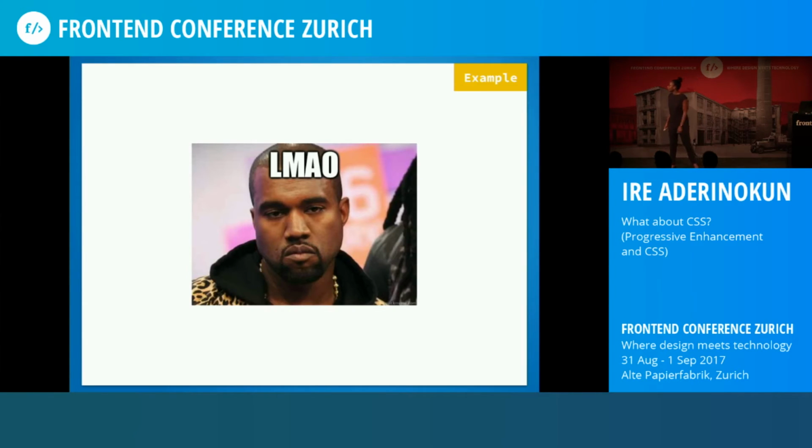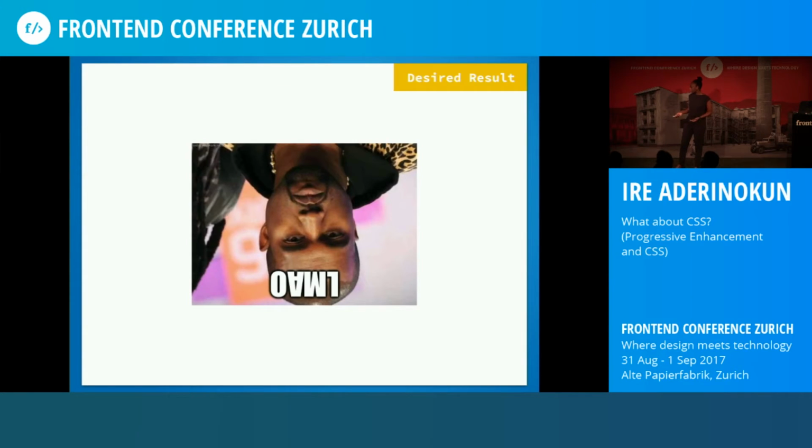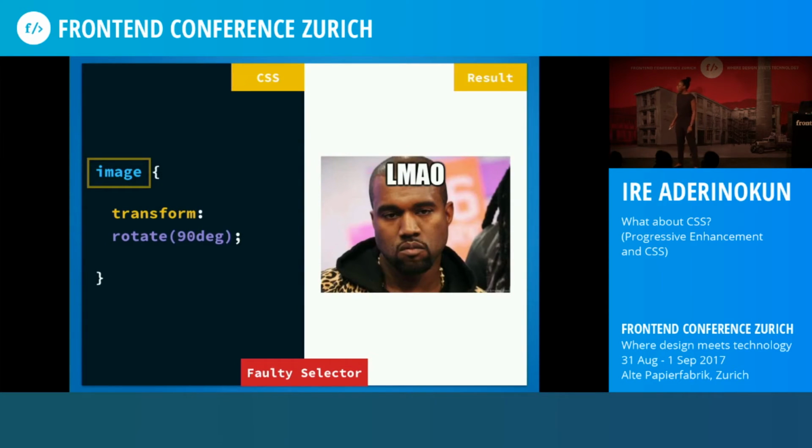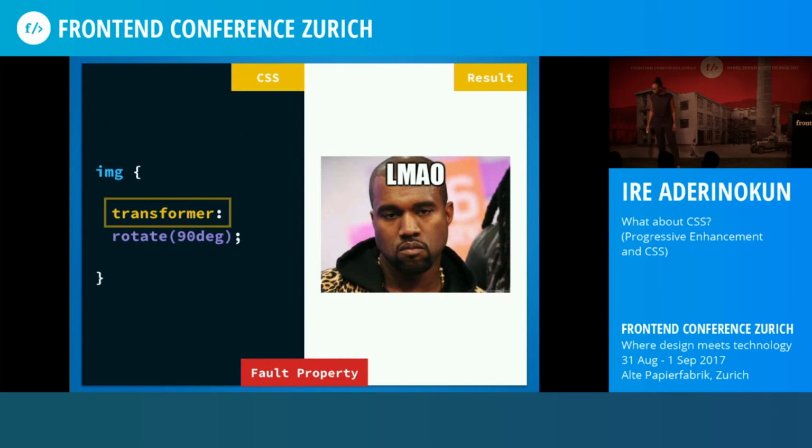Here we have an example, Kanye laughing his ass off. What we want to do is turn the image around, so rotate it 180 degrees. Here's what happens if we have a faulty selector. Instead of using IMG, we just write out image. As you can see, the result is basically that nothing happens.